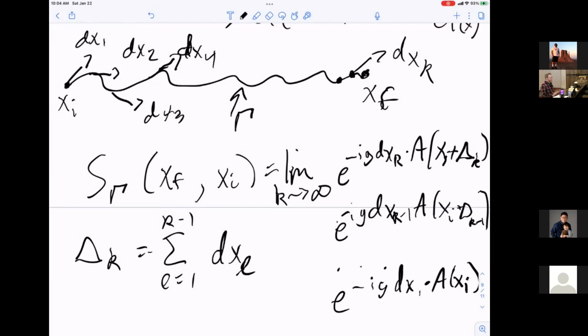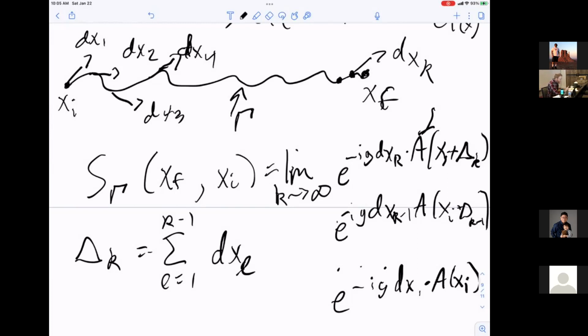What's important is that the order in which I wrote this, I have to keep. I'm not allowed to change that ordering because A is a matrix in SU(N) and it doesn't commute.